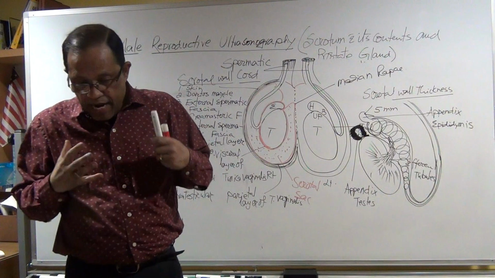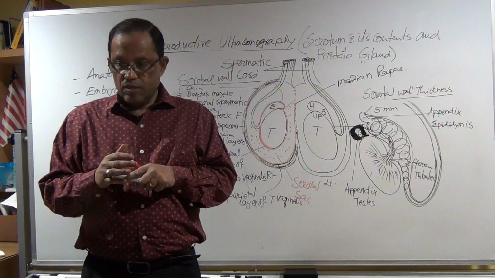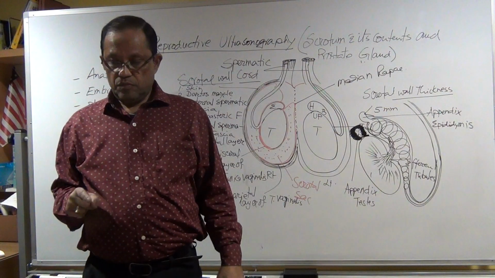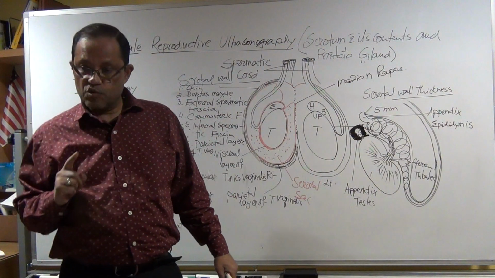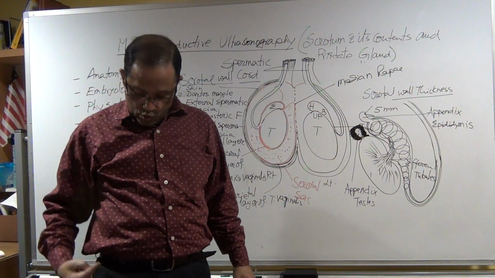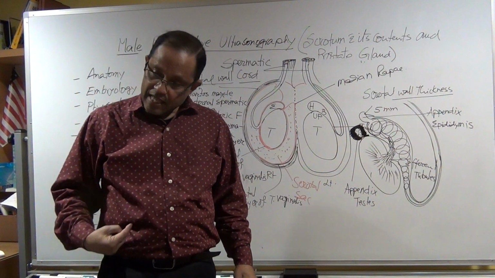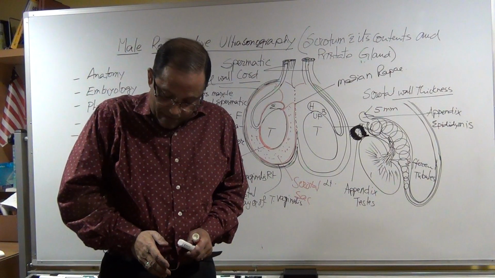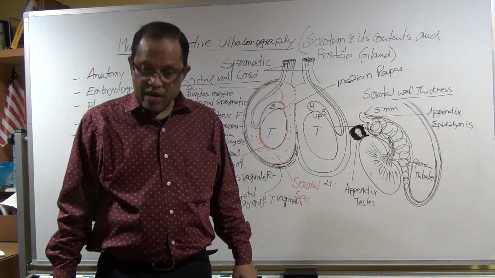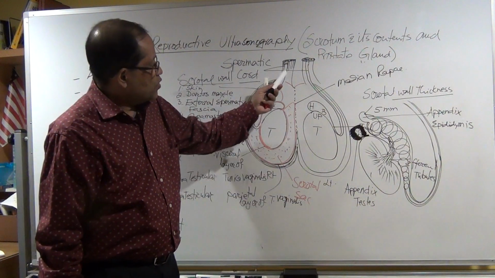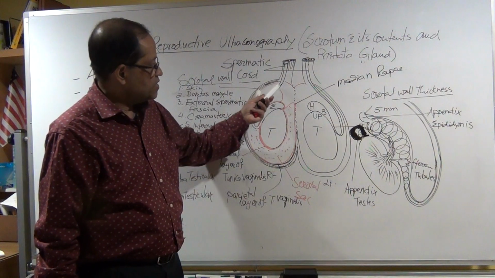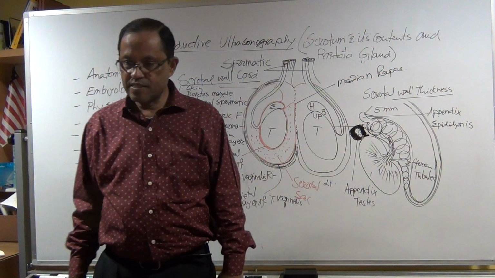What are the contents of the spermatic cord? Just common sense. This is the cord through which the vas deferens goes up. Vas deferens goes through the inguinal canal, then it goes into the pelvic cavity, makes a loop by the lateral wall of the bladder. Spermatic cord contains the vas deferens. Look, this is the vas deferens. Then what else?